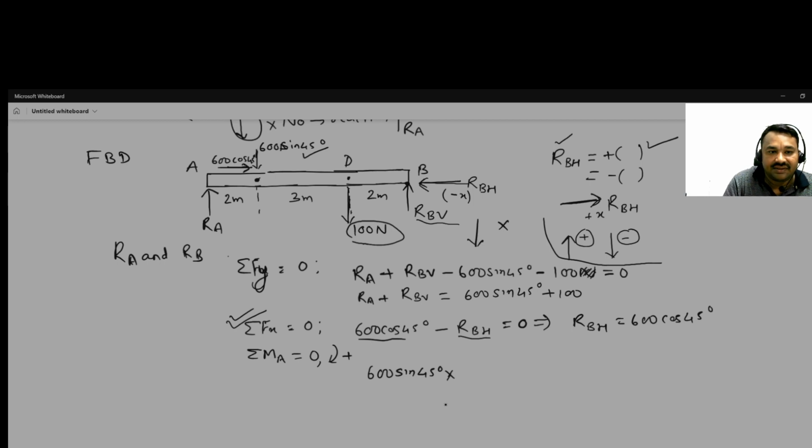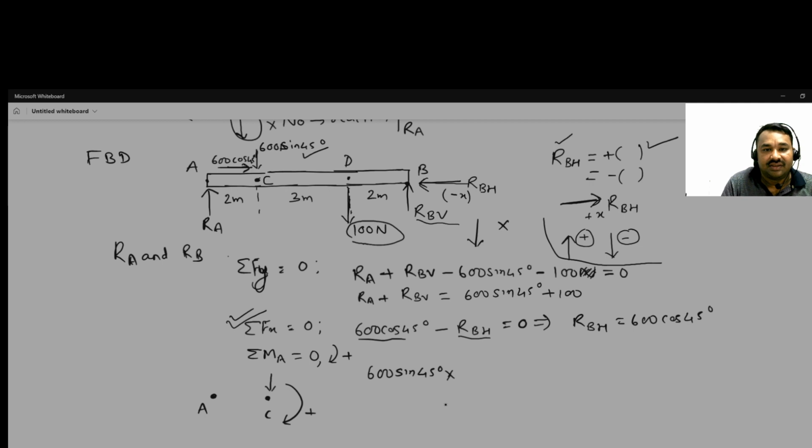So you can see from A, this is the A, and this is the point where the vertical force is acting. So it will try to, this is A, and suppose this is C. Okay, and this force will try to rotate it clockwise about A. That's why positive.